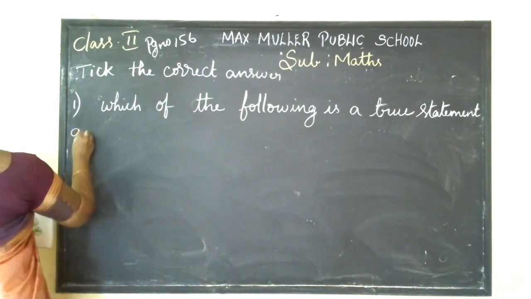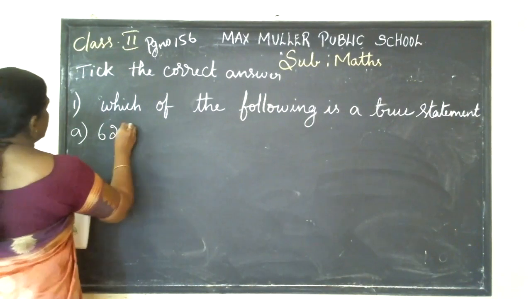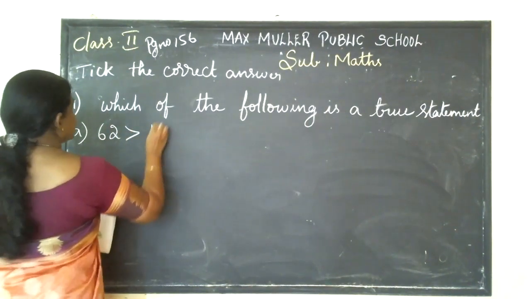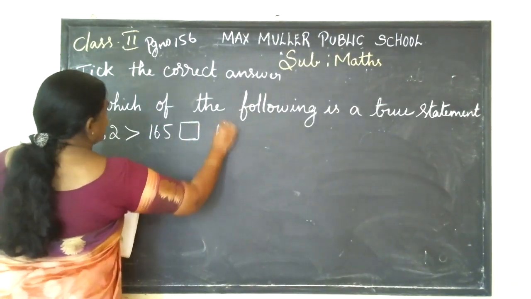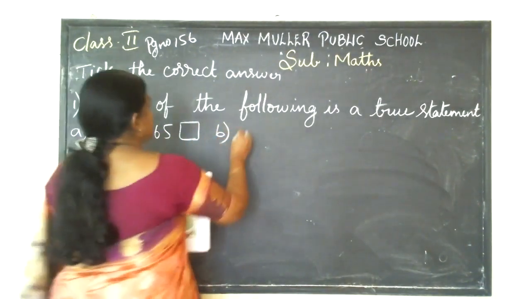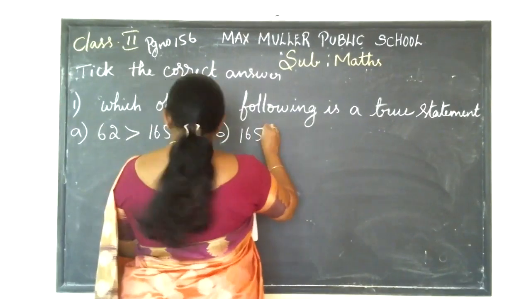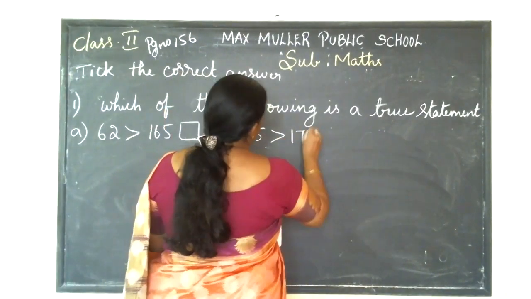First option is 62, 165. Second one, 165, 174.